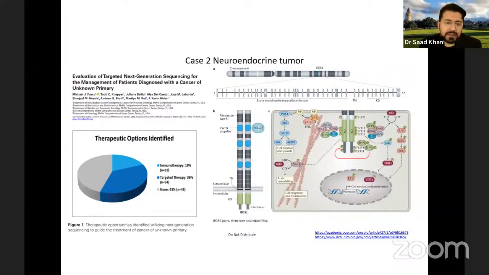The area in light blue shows that there was an indication established for immune therapy, and the area in darker blue means that these were patients identified as having a molecular driver that was then actionable. So it's certainly for cases like this that are neuroendocrine tumors or extrapulmonary small cell tumor.